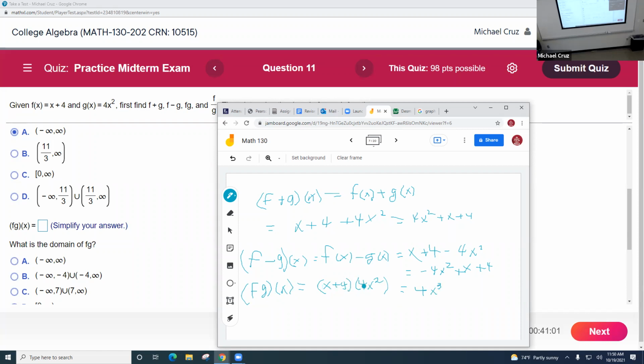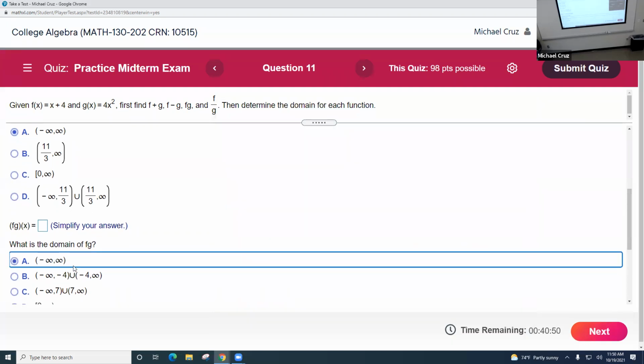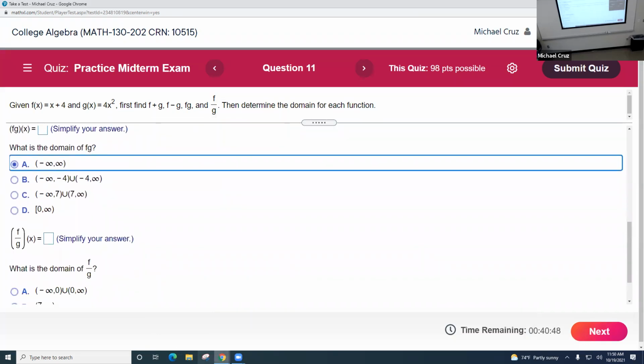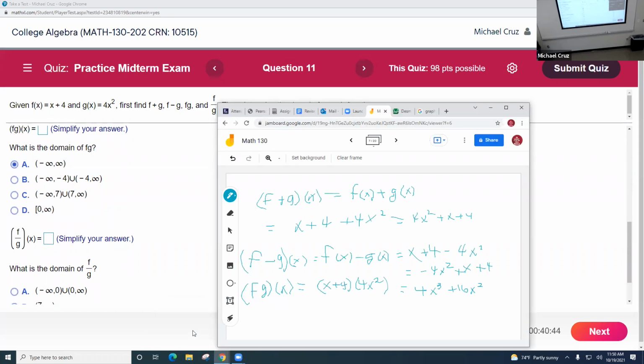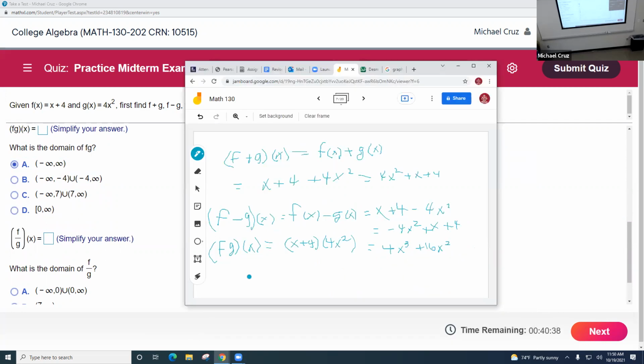And then 4 times 4 is 16, so that's 16x squared. And again, that's negative infinity to infinity. This is the one we've got to be worried about, because we're going to have to take into account the domain for the denominator, because the denominator is going to exclude certain values.